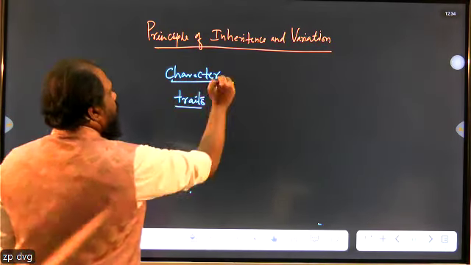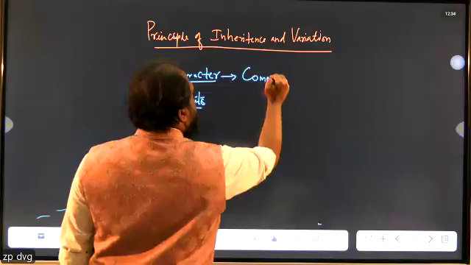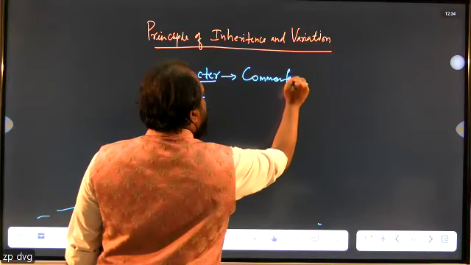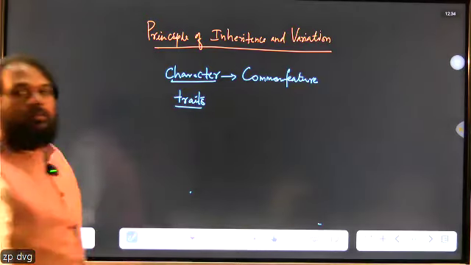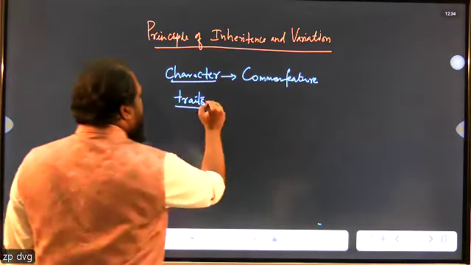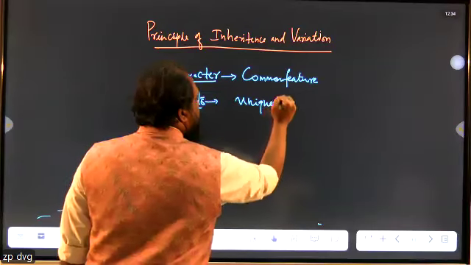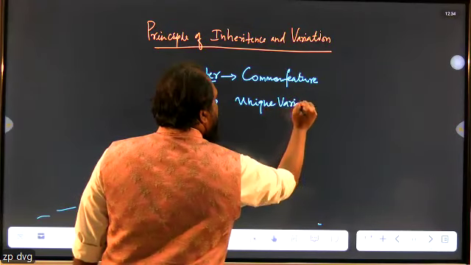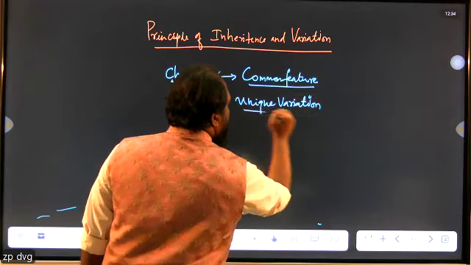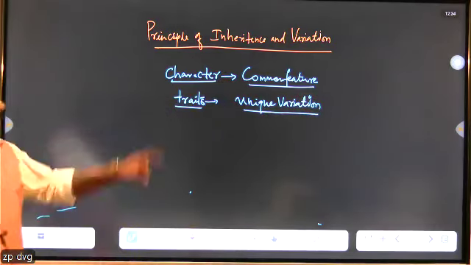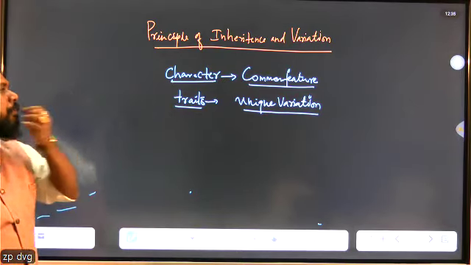Hope you understand. Character is a common feature. Trait is a unique variation. What is the difference? Simple.